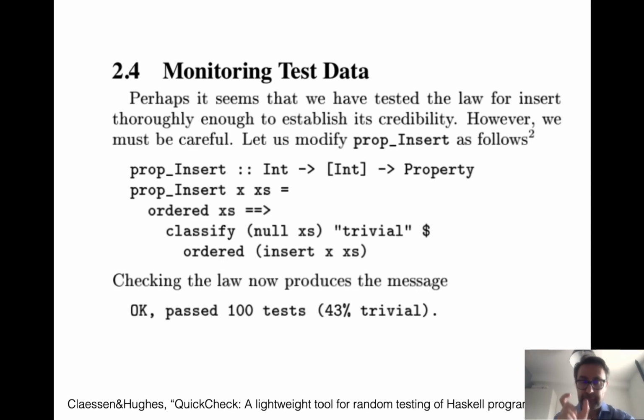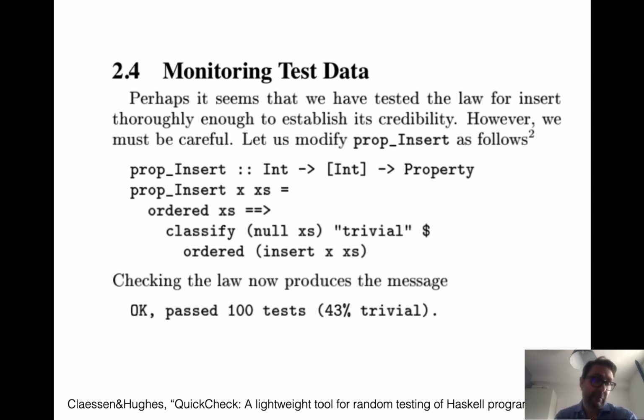So if the length of the data, the array, is 0, we classify this as something we call trivial, because we only want to test that once, in a sense. So classify, the first line will happen for all data.